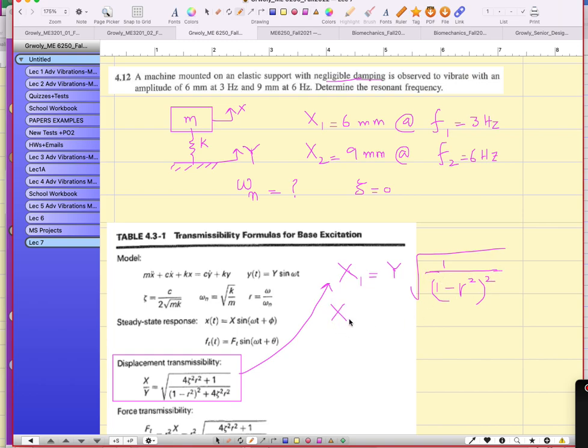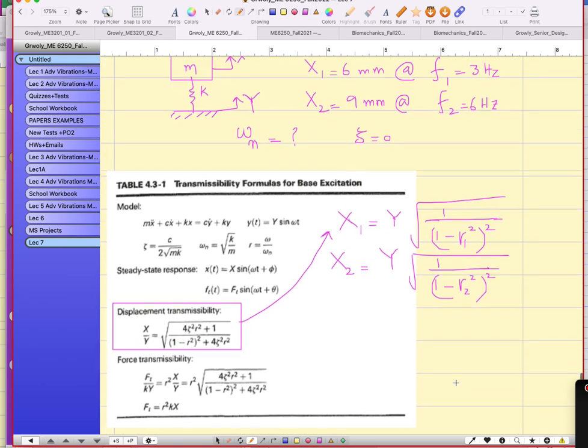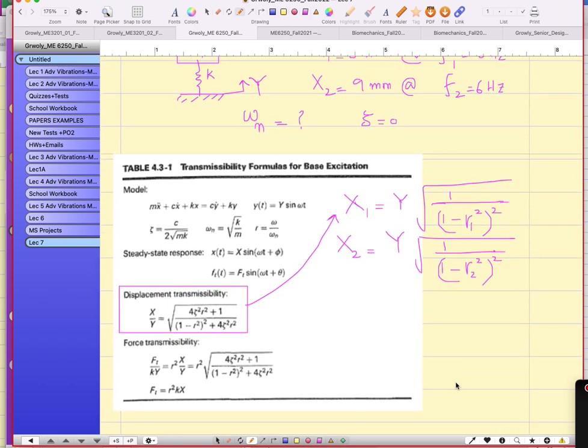And x2 equals again Y. This would be r1 squared, this would be 1 minus r2 squared. So if you do the math here, just do either x1 over x2 or x2 over x1.